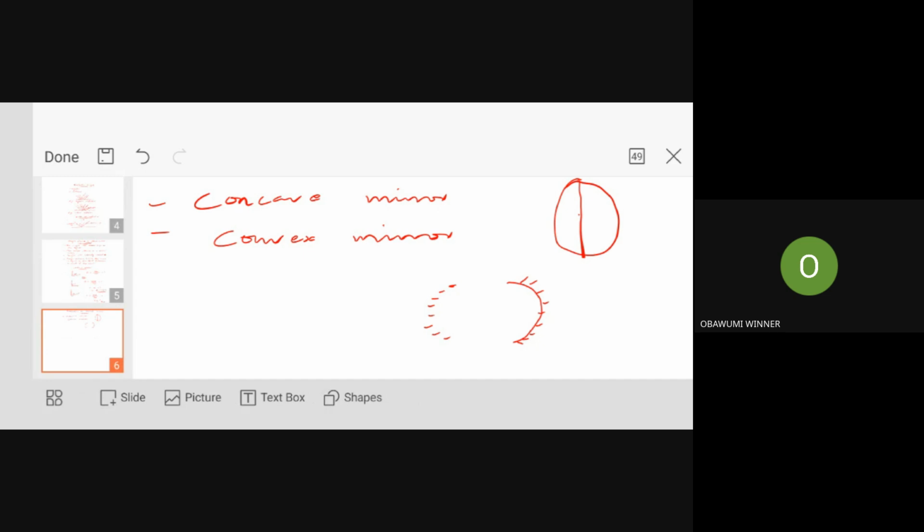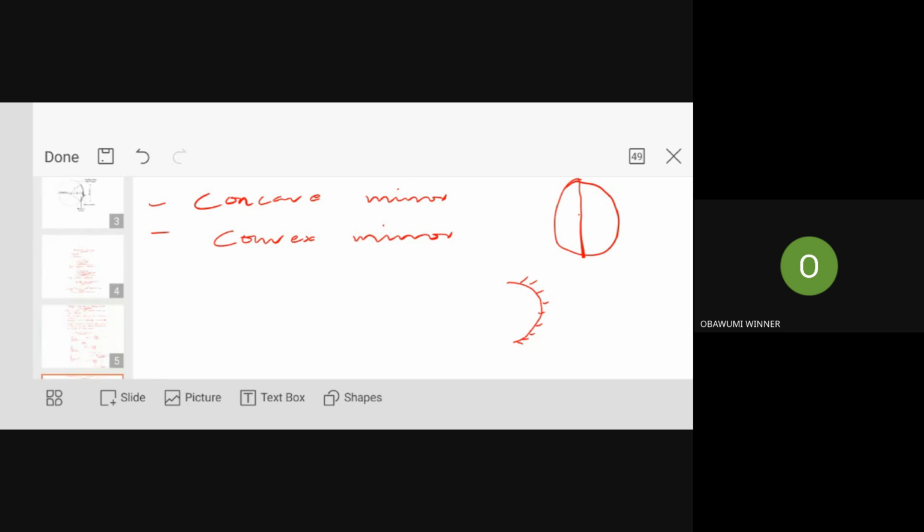So if I'm to take off this diagram here, so this is my concave mirror here.